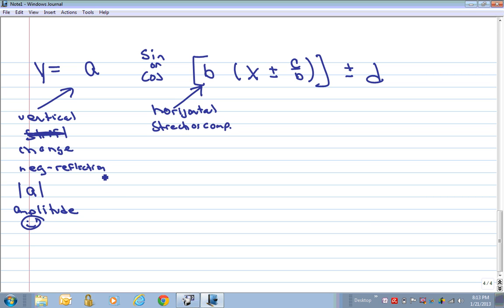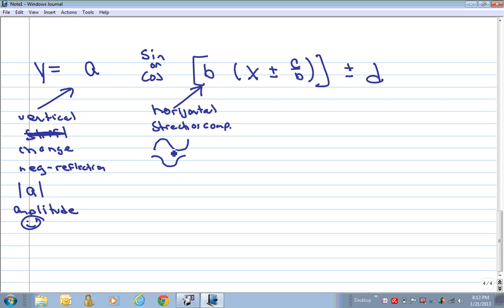This will change the period of our graph. This will change, listen to this carefully, the distance that your curve will happen in. The curve will always be for sine here and go up and like this. And for cosine it will look like this.